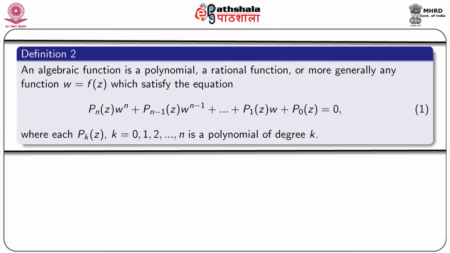So, now we define algebraic function. An algebraic function is a polynomial, a rational function, or more generally any function w equal to f of z which satisfies the equation Pn of z w to the power n plus Pn minus 1 of z w to the power n minus 1 plus ... plus P1 of z w plus P0 of z equal to 0, where each Pk of z, where k varies from 0 to n, is a polynomial of degree k.